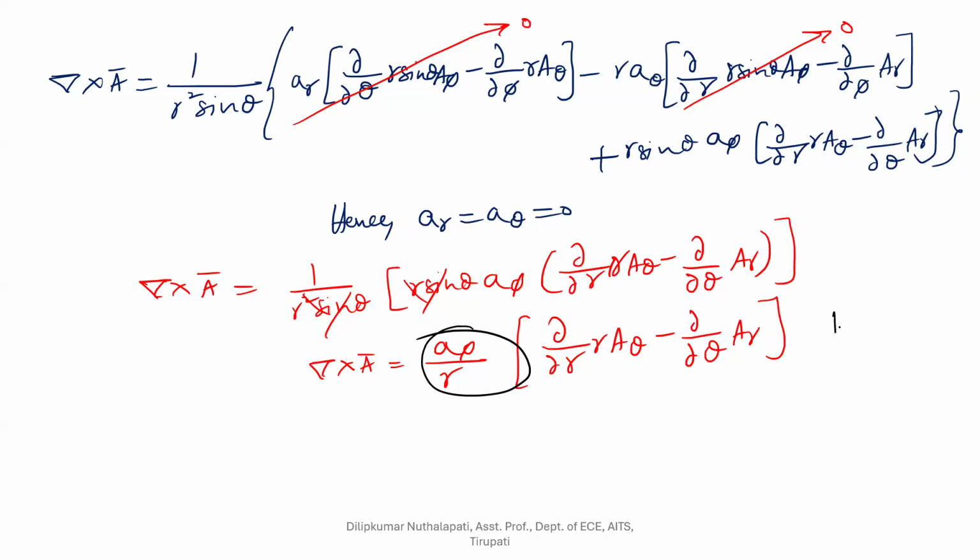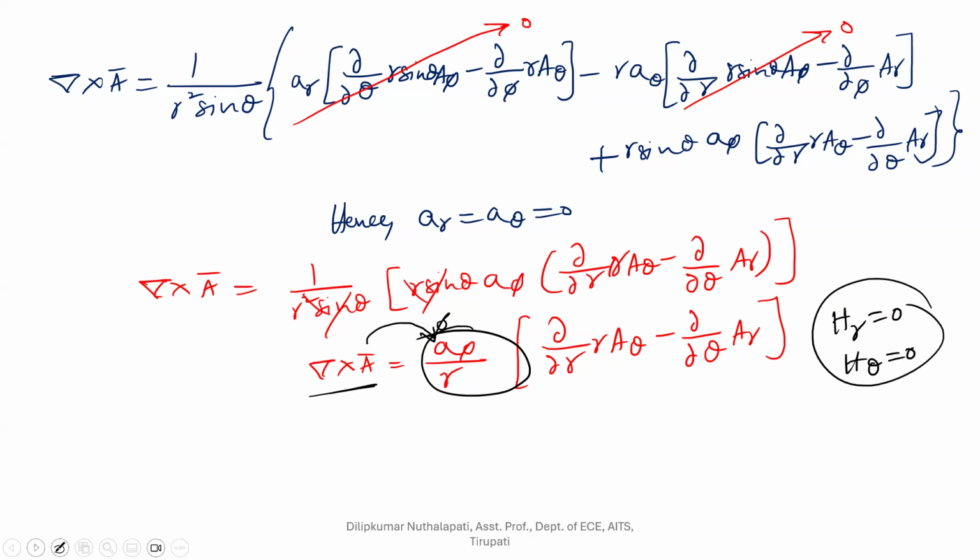As a result, the magnetic field components H r will be 0 and H theta also will be 0, as the vector potential is reflecting only the phi component. So let us obtain the final H phi component by substituting this in equation 1.